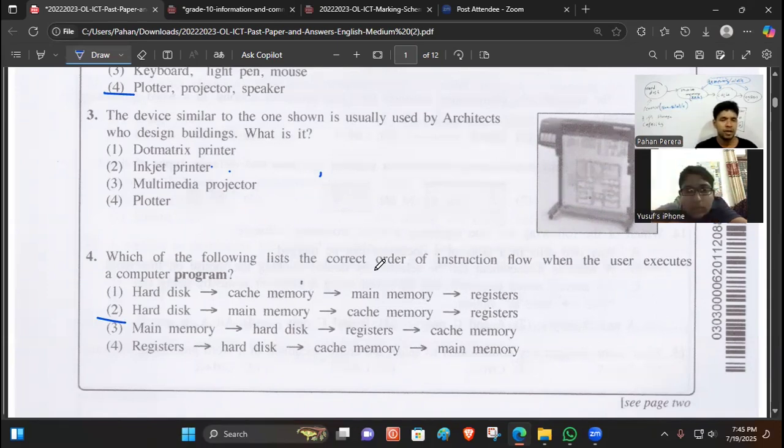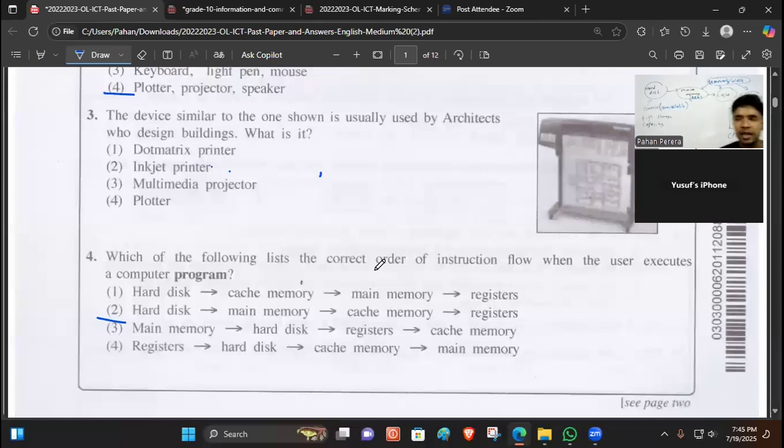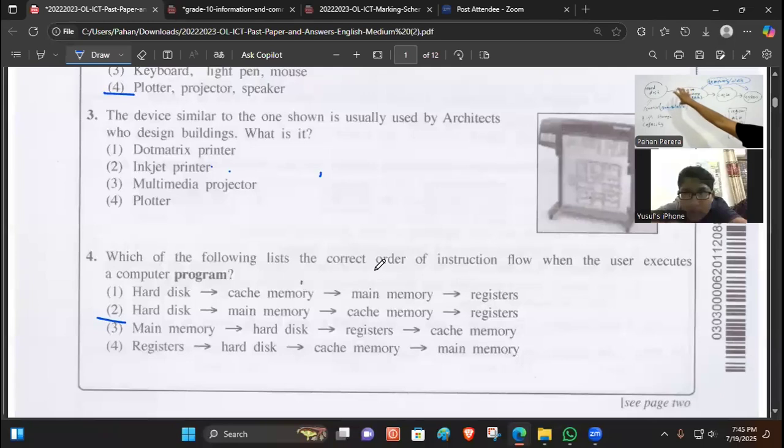Therefore, some programs don't need to run right now, so only the required data or programs will be taken from main memory to cache memory. The speed of the cache memory is higher than main memory, so we use this technique to increase the speed.